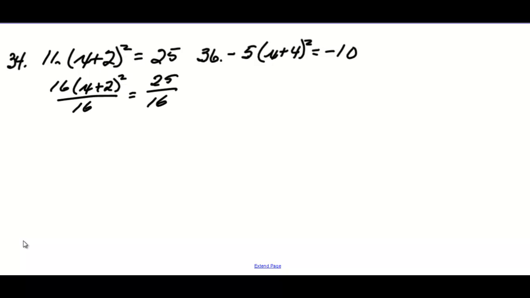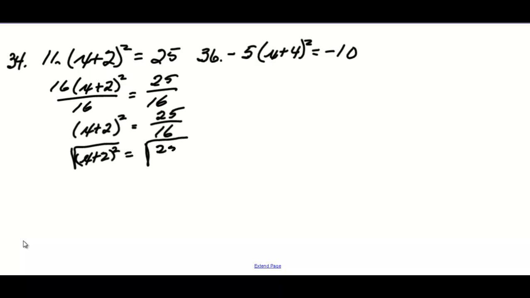Now what we get is the quantity x plus 2 squared equals 25 over 16. When we take the square root of that, what we'll get is x plus 2 is equal to either plus or minus 5 over 4.